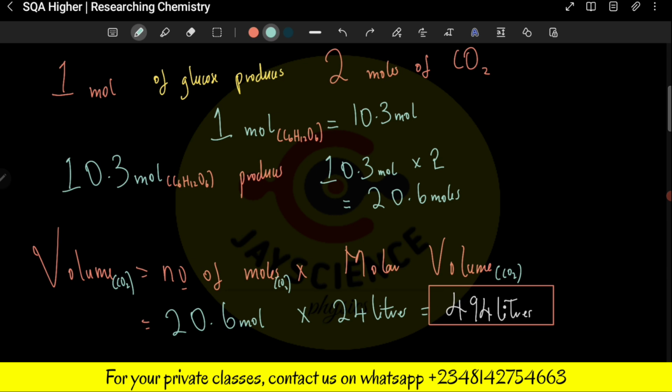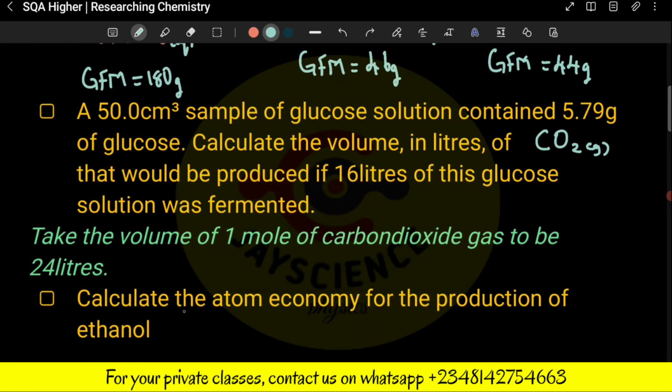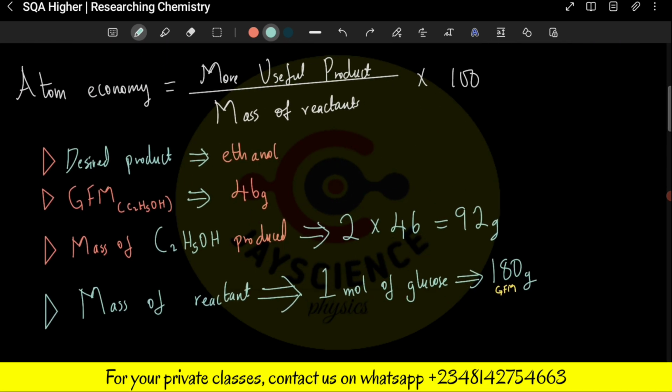The second part of the question says that we should get the atom economy. It says, calculate the atom economy for the production of ethanol. Ethanol is our desired product. So atom economy is the mass of useful product, in this case ethanol, over the mass of reactant. Well, we only have one reactant, that is glucose.